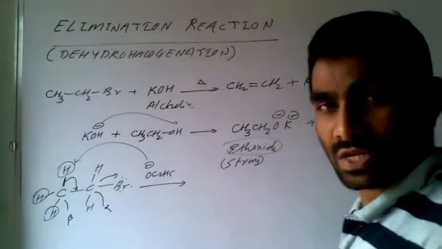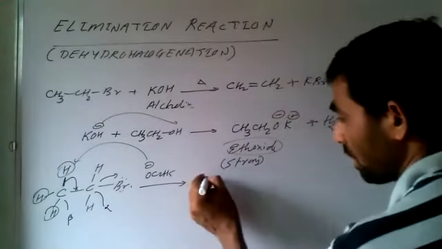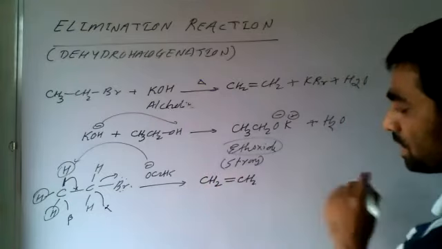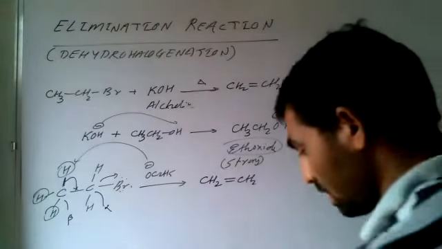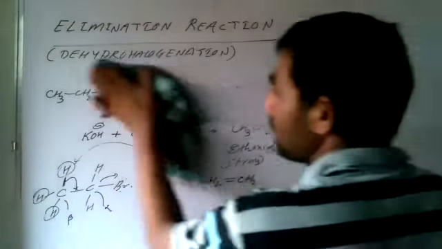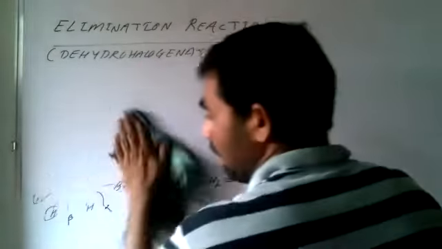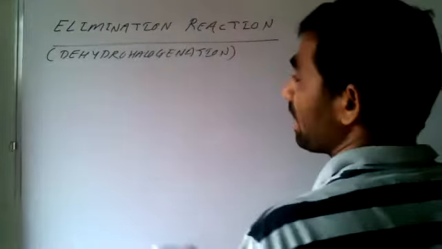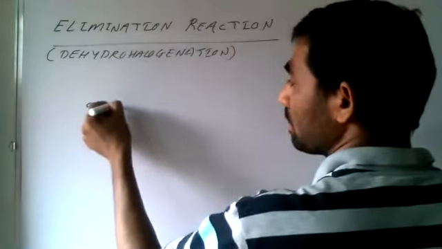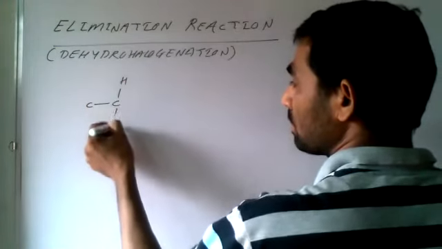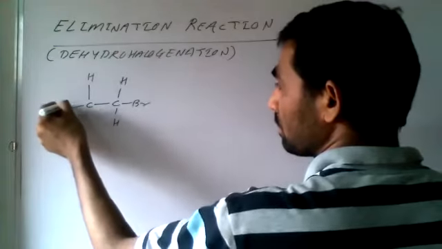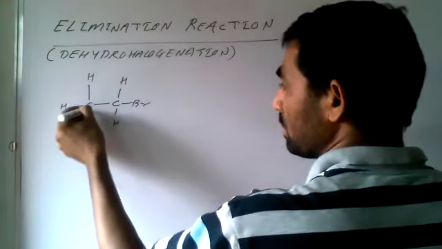It's a very fast reaction, with an SN2 type mechanism, and it will form ethene, an alkene. In this, the beta carbon is being attacked. This is the alpha carbon, and here it is the beta carbon.